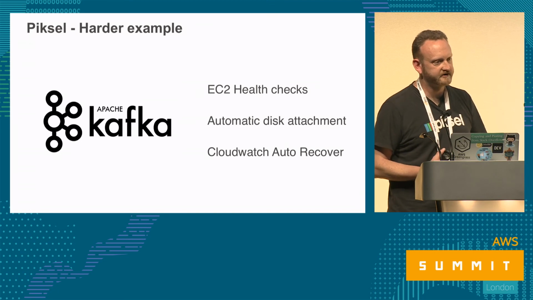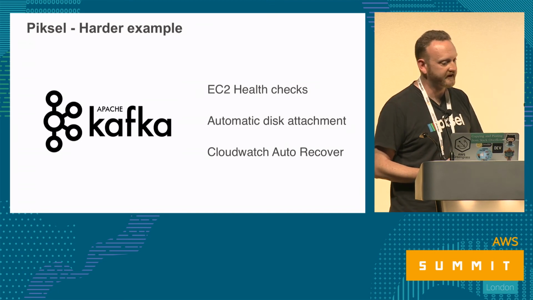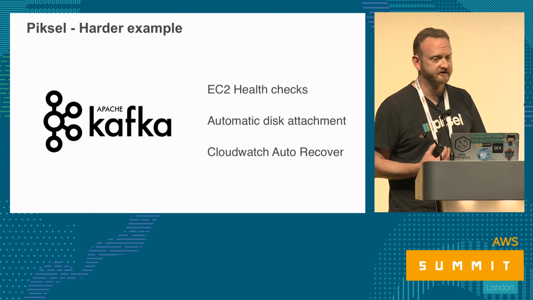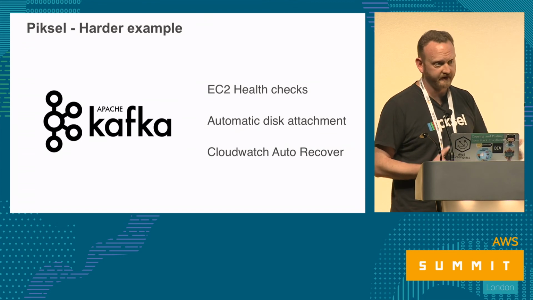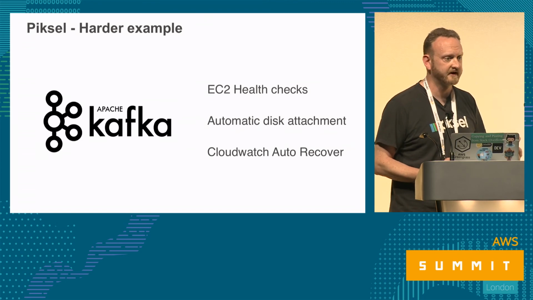And we have CloudWatch alarms that will automatically reboot unhealthy instances, automatically relocate instances where the underlying hardware has become faulty. And then we have user data and boot time scripts that will reattach persistent EBS volumes to the instance after the fault is corrected.